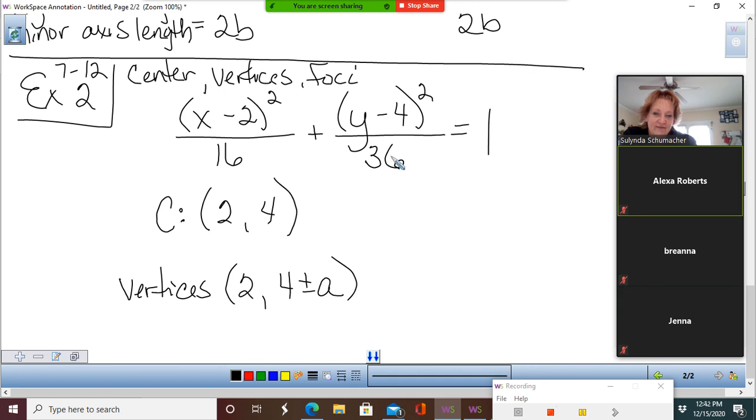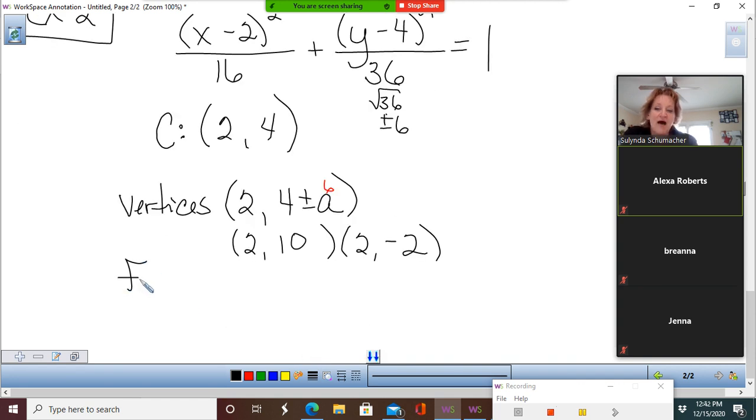So now our a value is the square root of 36, which is plus and minus 6. So my a value is 6. So my vertices are (2, 4 plus 6 which is 10) and (2, 4 minus 6 which is negative 2). Everybody's okay with that?